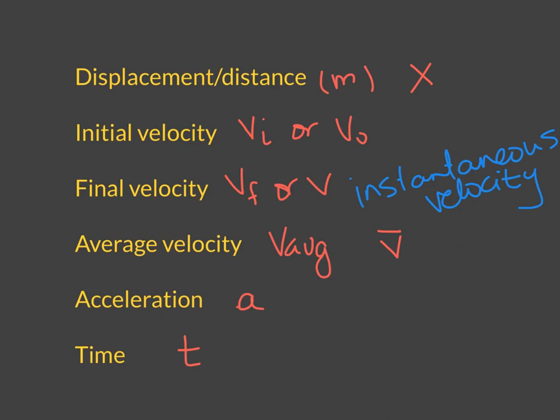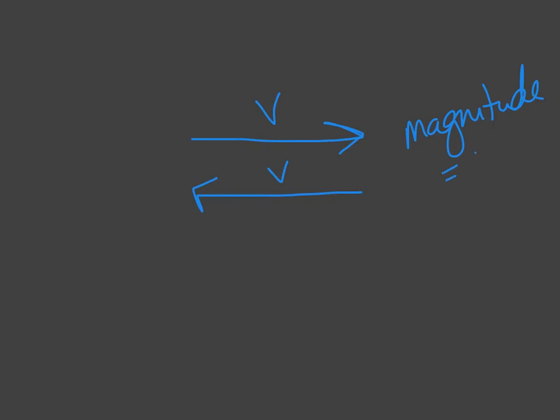All right, so velocity-wise, if I have a velocity to the right and I have a velocity to the left, okay? If they're the same magnitude, meaning size, they're the same magnitude and opposite directions, so what we do is we make the opposite direction negative.